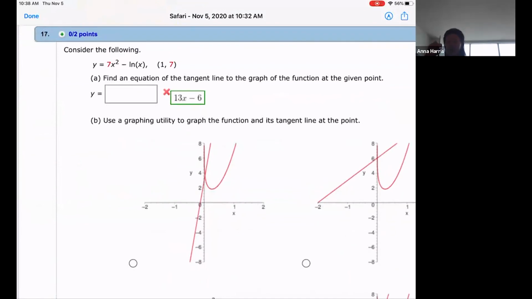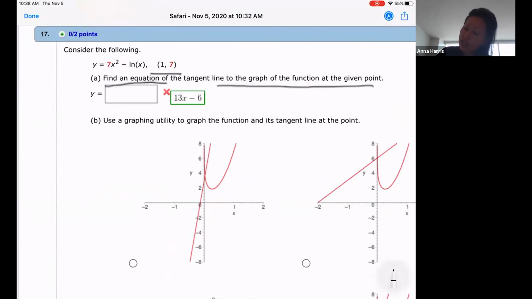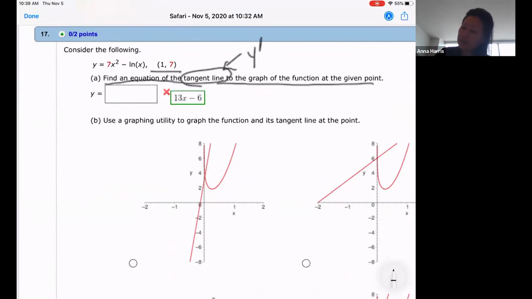So consider the following. y equal to 7x squared minus natural log of x. I'm going to only look at between 1 to 7. Find the equation of a tangent line to the graph of the function at the given point x. So they're asking you to find an equation of a tangent line. That is another way of saying take a derivative. Tangent line, which is a slope. Okay, that's a slope. Whenever something's a slope, that really means take a first derivative of a given function.